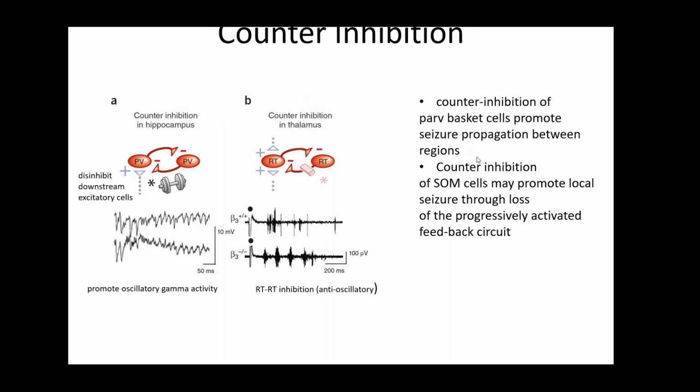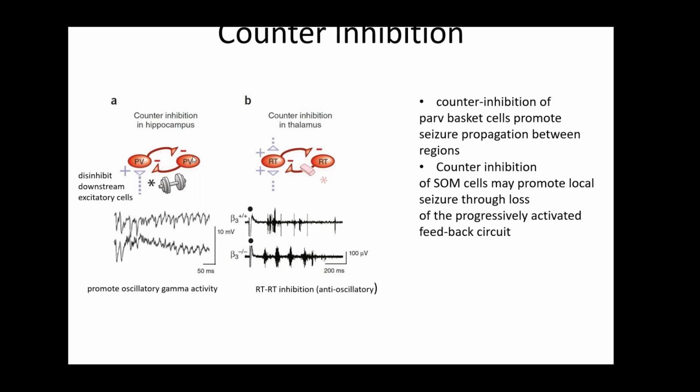So the counter inhibition is not the same in every part of the brain. And here we compare the counter inhibition in the hippocampus versus the thalamus. All right. So you see the parvocellular cells, basket cells in the hippocampus. There are inhibitory cells and they produce inhibition of other inhibitory cells.